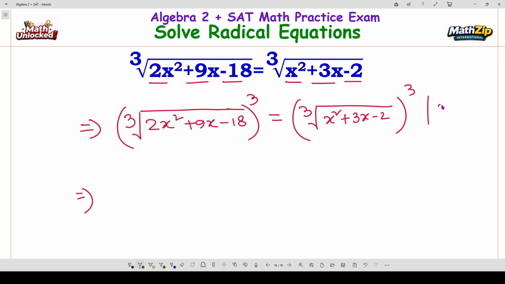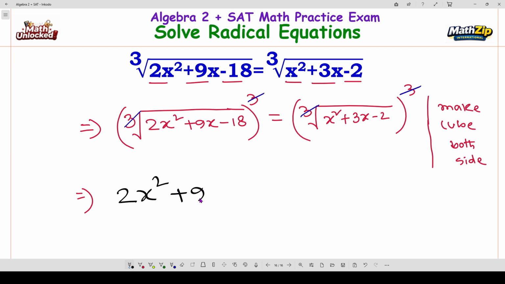So we are cubing both sides, right? Next, for this reason, the cube and the cubic root are gone. So we can write easily 2x² + 9x − 18 equals x² + 3x − 2.